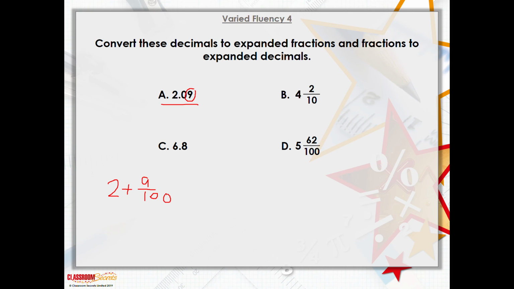So that's my first answer to A. Going to look at C. May as well do the decimals to the expanded fraction first of all. So I have 6 whole numbers just here. And I have, if I underline it here, 8/10. And then we're going to look at B.